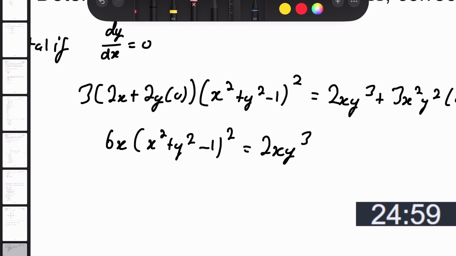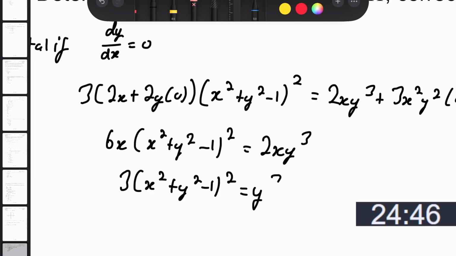Let's divide everything by x, divide everything by 3. I get that 3 of (x squared plus y squared minus 1) squared is going to equal y to the power of 3.